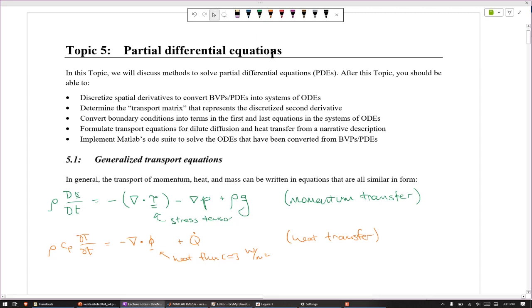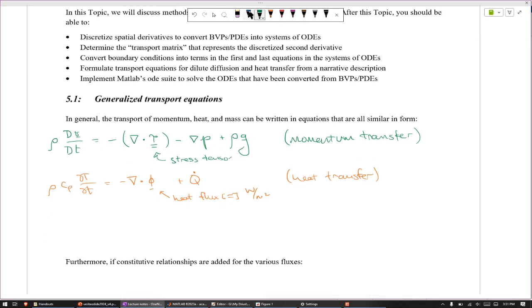And then you also have mass transfer, or dilute mass transfer, which is the equation I'm about to write. And that would be the partial of the concentration of species I with respect to time is equal to minus del dot J of species I, where J is your material flux, and that's in units of moles per area time.